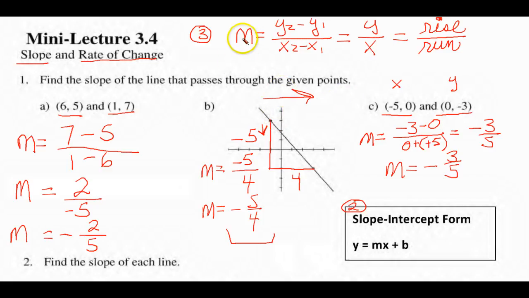So before we change this, just a quick review. We've looked at the slope formula. It's a ratio of y units over x units, rise over run. We can use this formula if we have 2 points. We have to carefully substitute, and we end up with the slope.